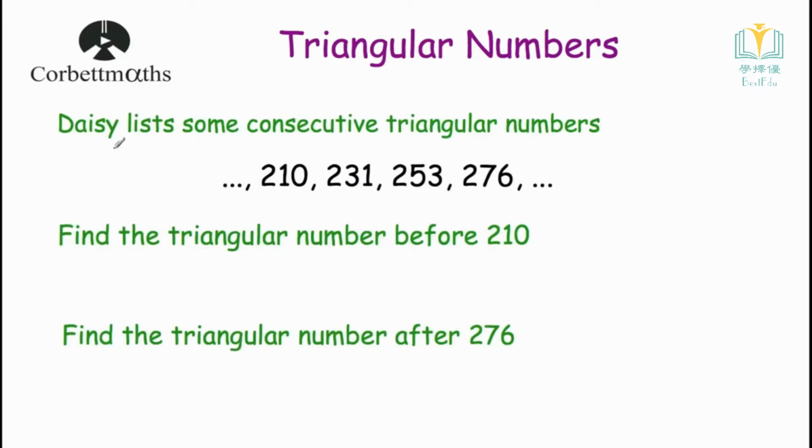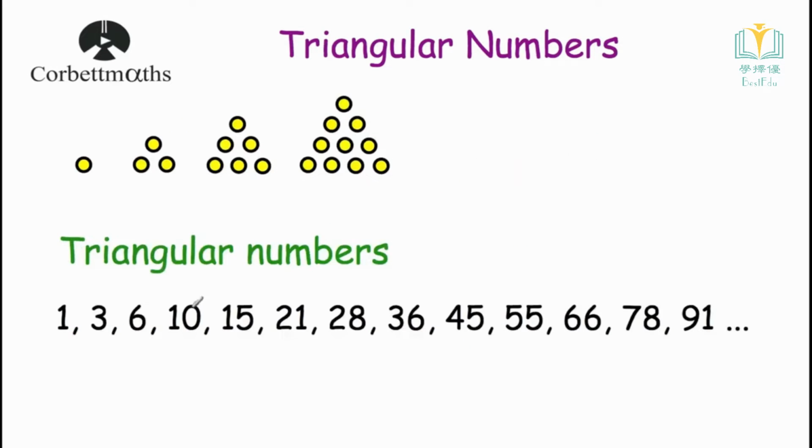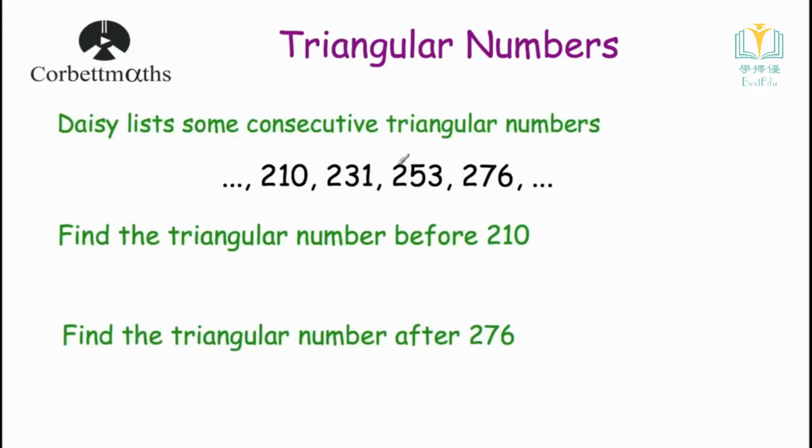Our next question says, Daisy lists some consecutive triangular numbers. Consecutive means one after another. So we've got 210, 231, 253, 276, and so on. We've been asked to find the triangular number before 210. To get from 210 to 231, Daisy has added 21.